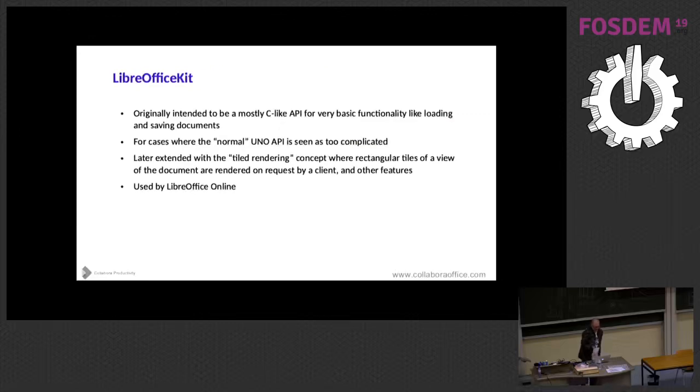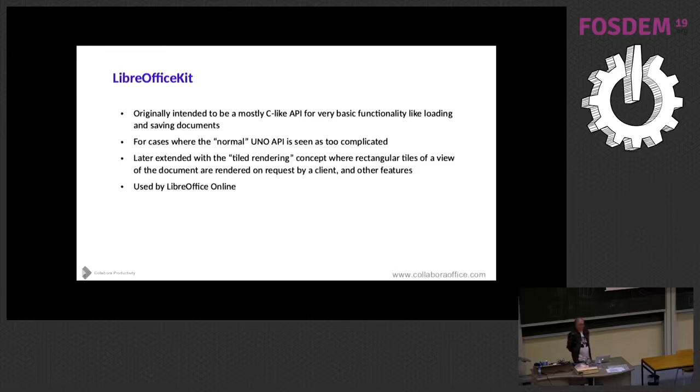And LibreOffice Kit, as you might know, is this mostly C-like API that is supposed to be very simple to use, simpler than UNO. And it was initially used only for loading files and saving files in possibly different formats, and used, for instance, by some conversion tools and things like that.